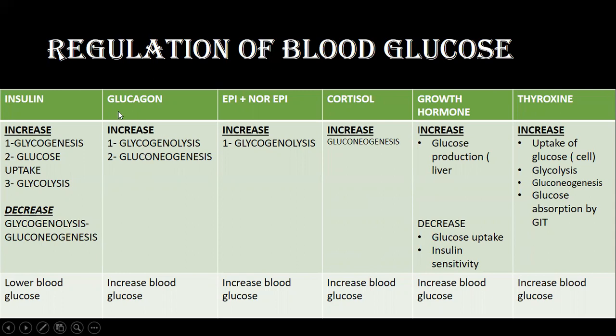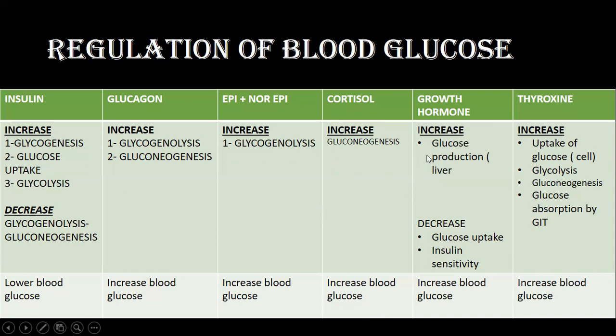Then we see glucagon. Its action is that it increases glycogenolysis and gluconeogenesis, and it increases blood glucose. Coming to epinephrine and norepinephrine, they increase glycogenolysis and also contribute to increased blood glucose. Cortisol increases gluconeogenesis and blood glucose level.